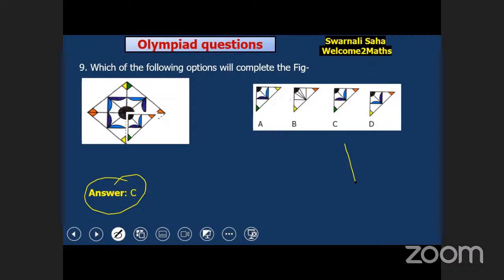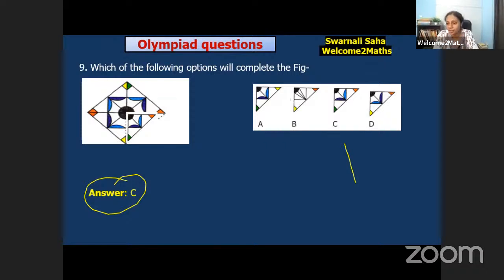Okay, let's check this once again. Yes, B. Hello, what are you saying? Option C here, B. You are saying B is the right one. Yes, you are correct. B is the right one, not C. Very good. B is the right one, because here is yellow.